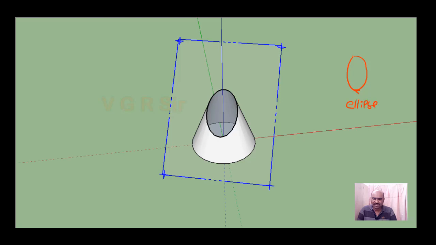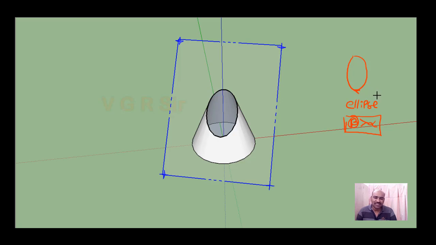The important thing is here beta is greater than alpha. So in this case you can say that the figure so formed is called an ellipse. So circle is one of the special cases of ellipse. There also beta is greater than alpha only, but beta equal to 90 degree.